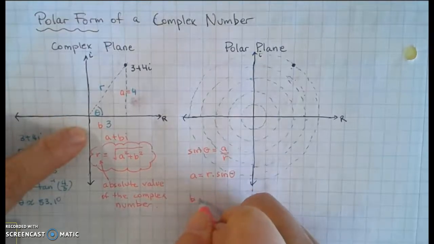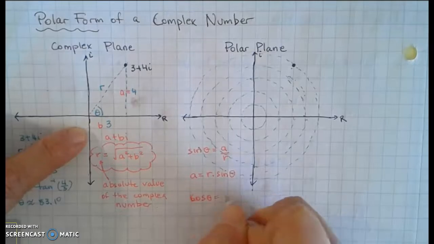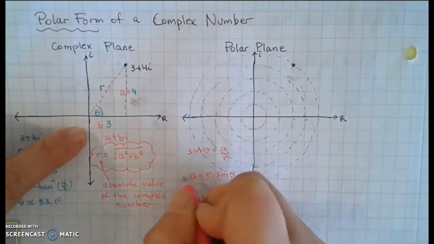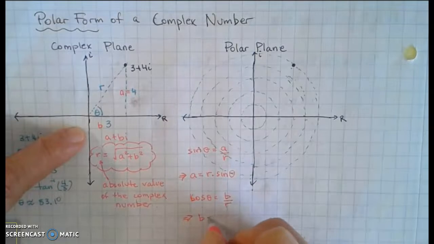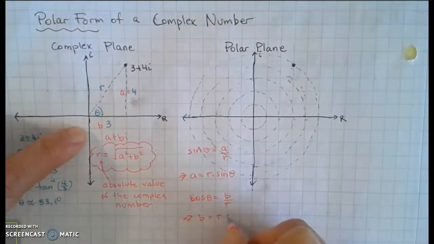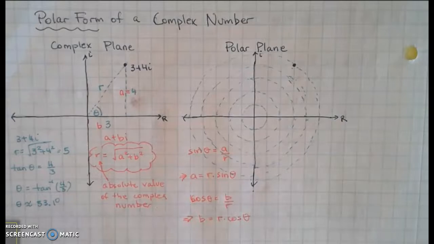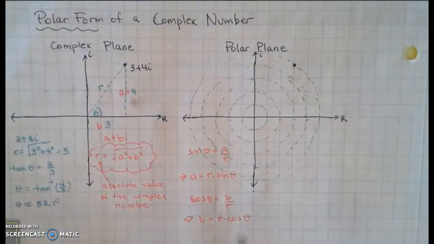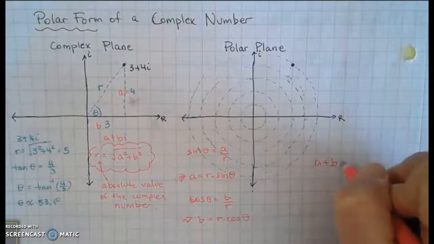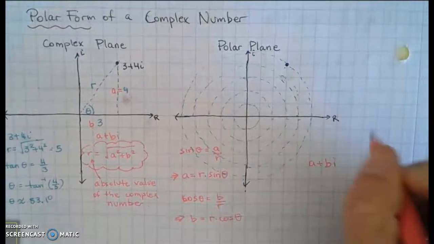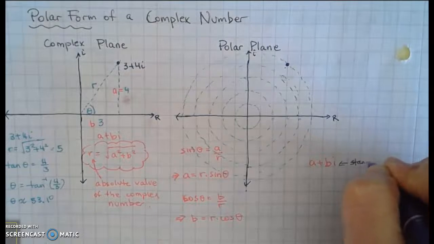Cosine of theta is going to be b over r. So from here, we can say that b is equal to r times cosine of theta. So what used to be a plus bi, this used to be my standard form. This is my standard form.